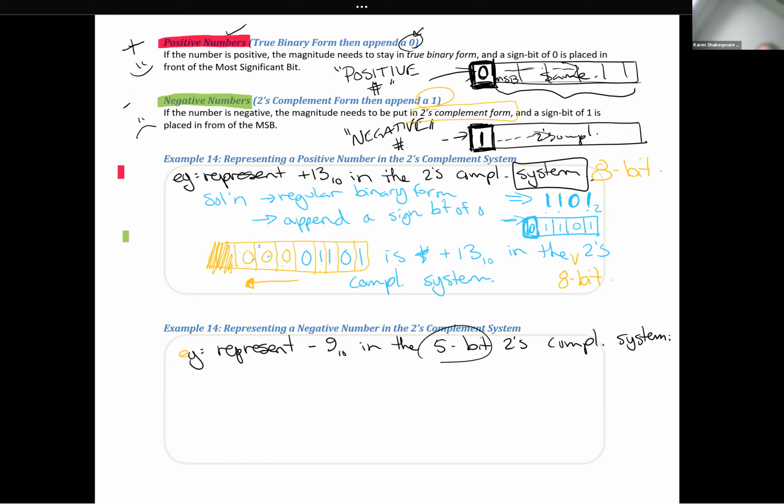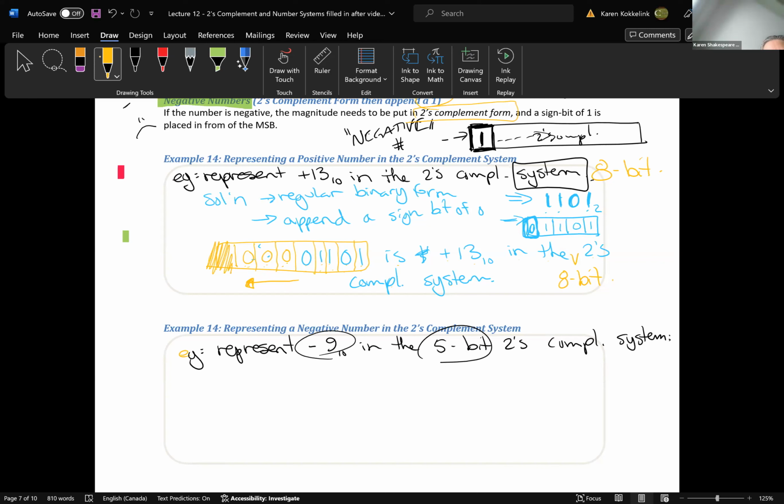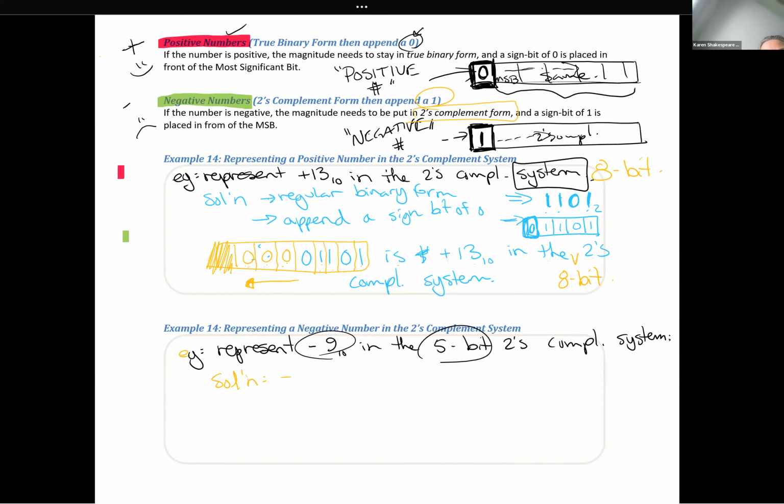All right, so I want it to be a 5-bit system, and I want it to be a negative number. So the solution: I would have to take the 1's complement. A 9 is an 8 plus a 1, right? Taking the 1's complement means that each of these digits gets inverted. And then I need to take the 2's complement, which means I add a 1 to it, right?